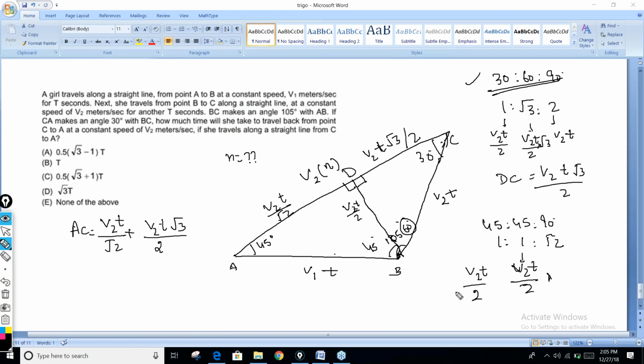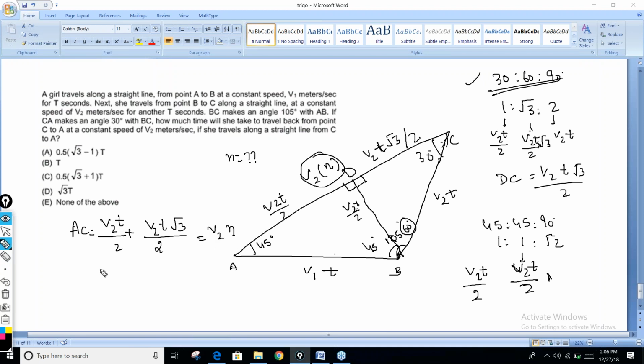So this will also be v2t upon 2, and the hypotenuse will be root 2 times. Actually we do not need that side, I'm not bothered about it. I'm bothered about this side, which is v2t upon 2. So the complete side AC is v2t upon 2 plus v2t root 3 upon 2. And that is equal to v2n.